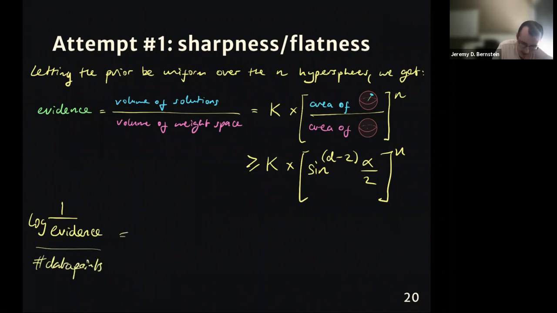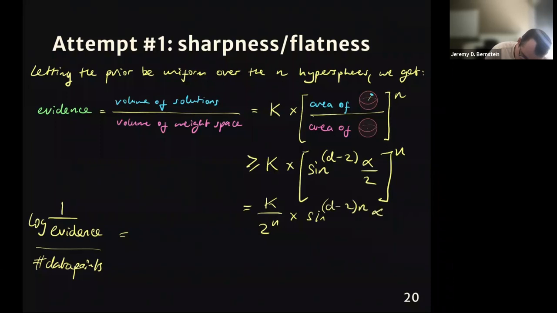So if you plug in what we just did, let me just expand this once more. It's k divided by 2 to the n times sine of alpha over 2, to the power of n times d minus 2.